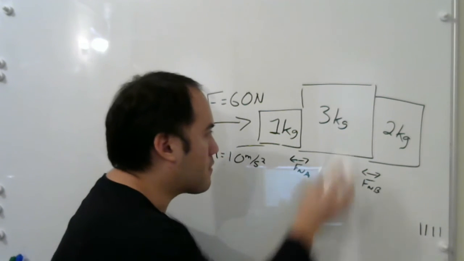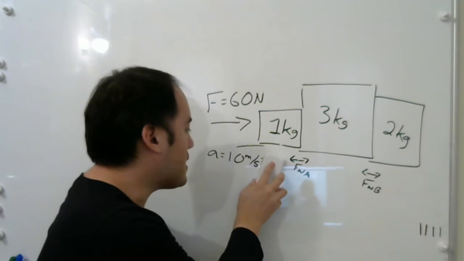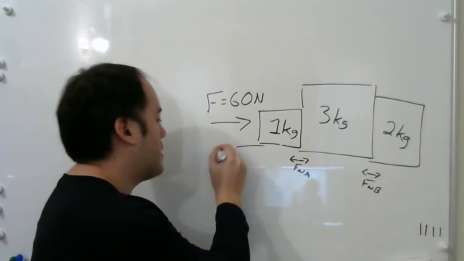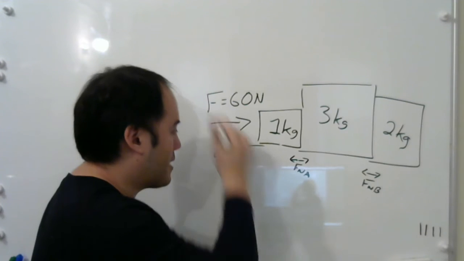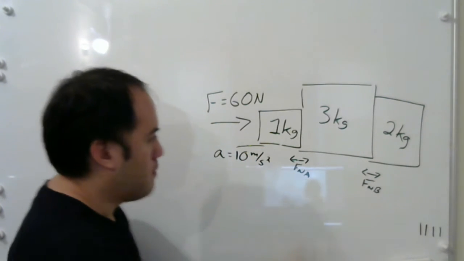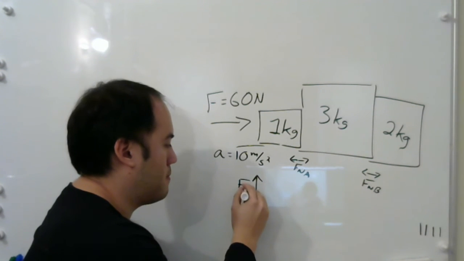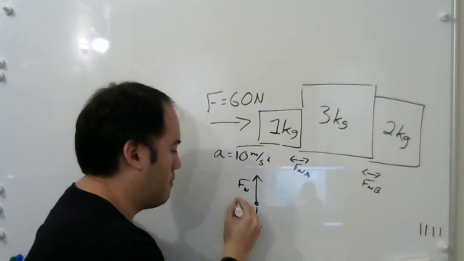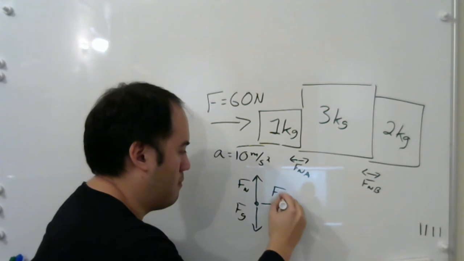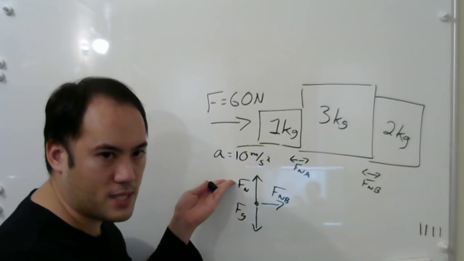We can do the same thing for block 3, but we don't have to. It actually ends up being easier if you look at block 2, the last block. For block 2, the free body diagram is even simpler. See, here's the picture. Normal force upward from the table.